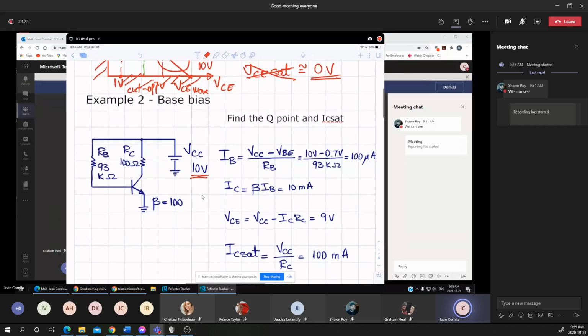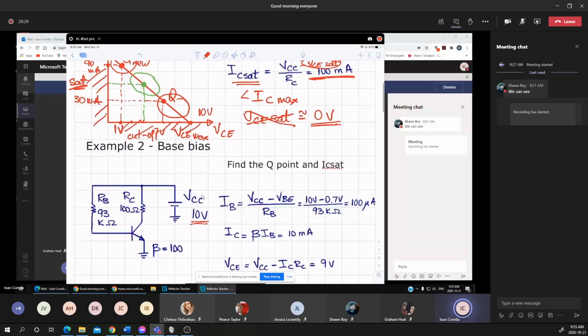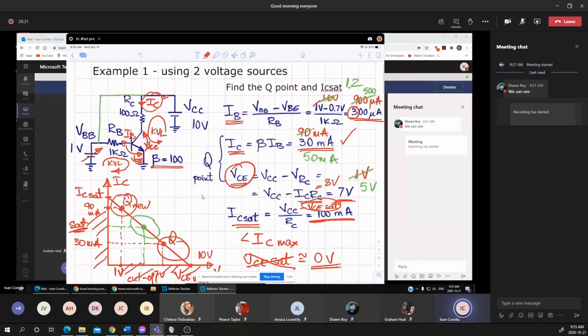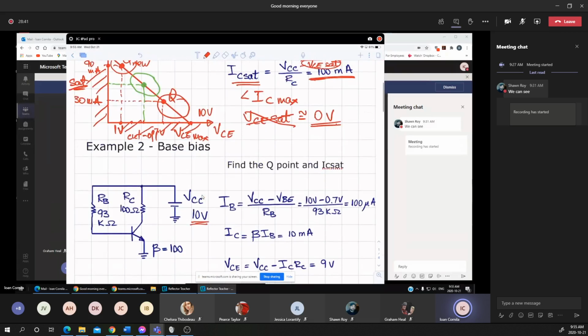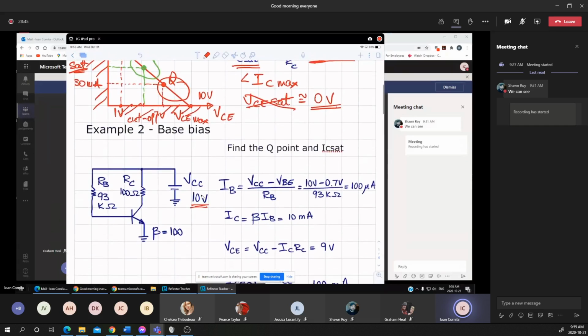Basically the same equation applies, except that I'm not having VBB. In the main equation, when I'm using VBB to find the base current IB, I'm substituting VBB with VCC, because I'm using just a single voltage source.